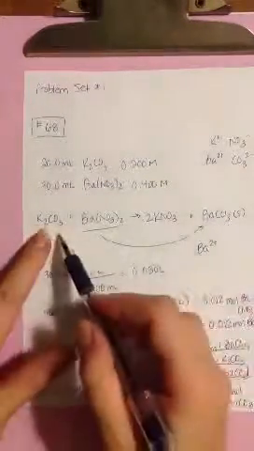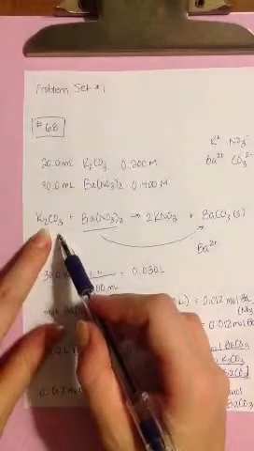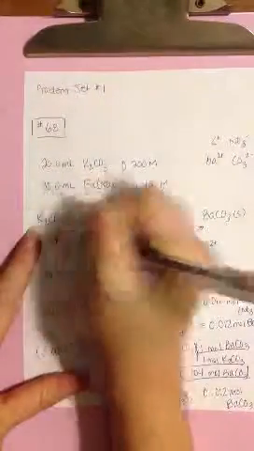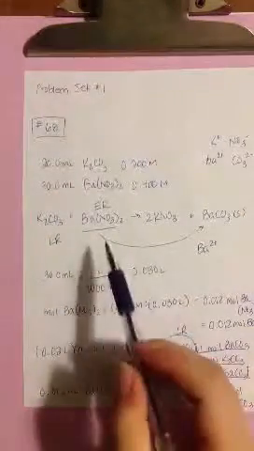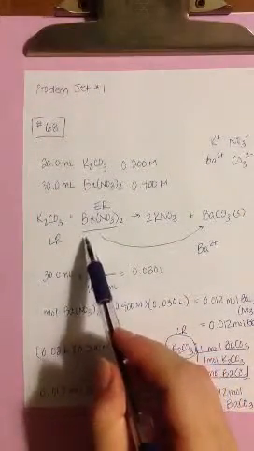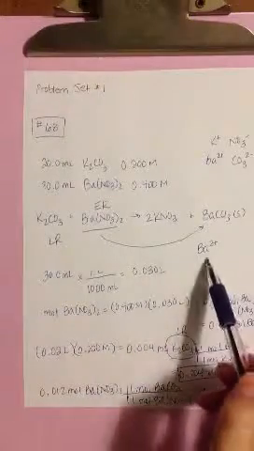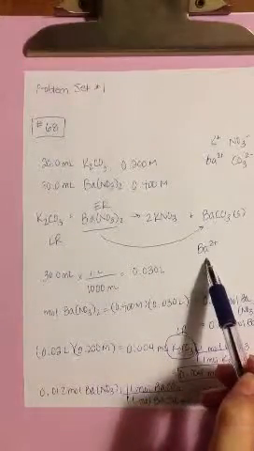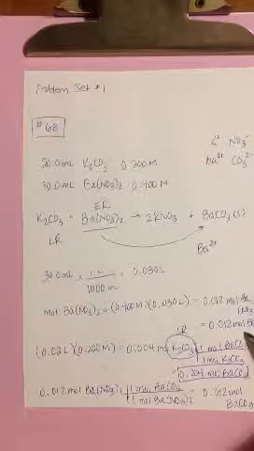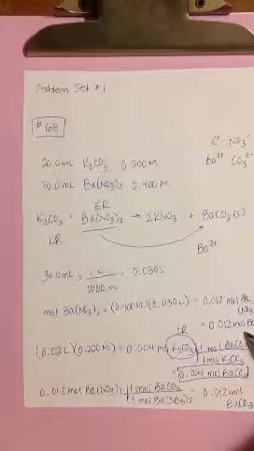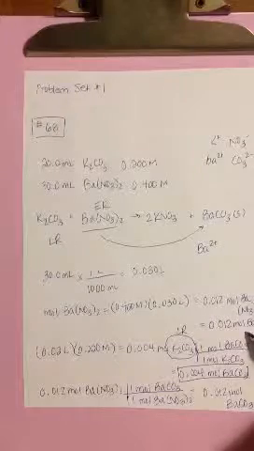So just to recap, in my initial equation, I found out that I precipitated barium carbonate. I know that the K2CO3 is the limiting reactant, which means that the barium nitrate is the excess reactant. There's going to be some extra barium there. So the extra barium is going to be Ba2+ in solution. So the first thing I did was find out how much barium I started with. That came from all the barium nitrate, 0.012 moles.